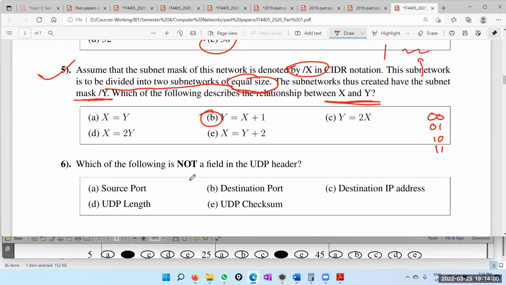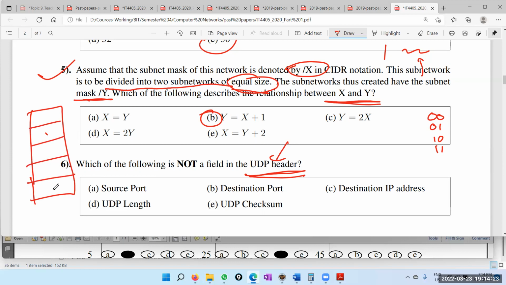Question 6. Which of the following is not a field in the UDP header? We discussed the UDP header in the revision we did last Wednesday. Remember, in the OSI architecture, we have the physical layer, the logical link layer, network layer, transport layer, session layer, presentation layer, and the application layer.